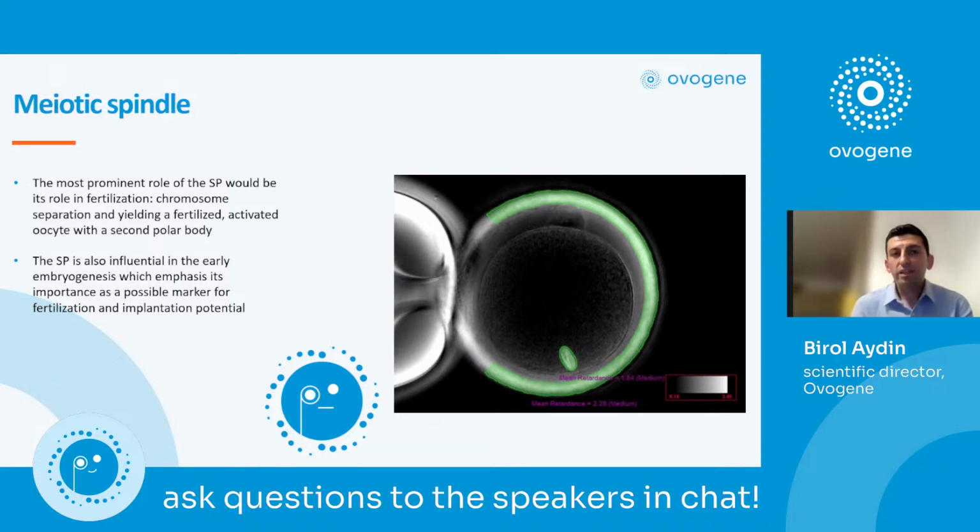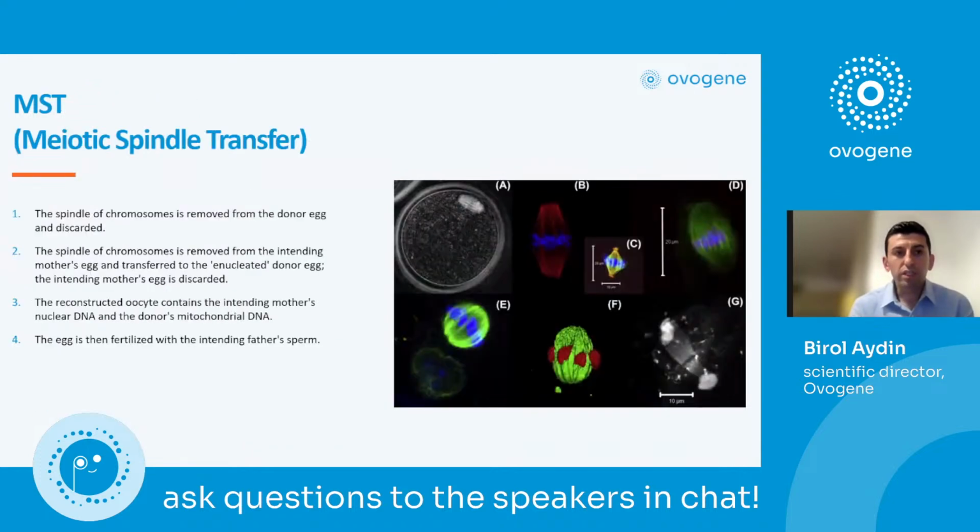We cannot directly detect the spindle with a regular microscope, but we can detect it with a polscope microscope and find the location of the meiotic spindle, which is important to detect the right place and to transfer the spindle to young donor oocytes. The spindle carries all the genetic potential into the donor eggs, as 99% of the DNA will come from the couple, and only 1% of the DNA, the mitochondrial DNA, will come from the donor in this case.